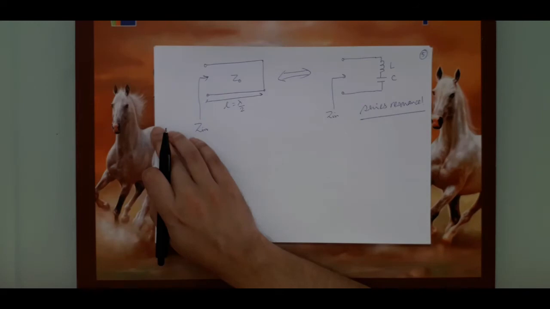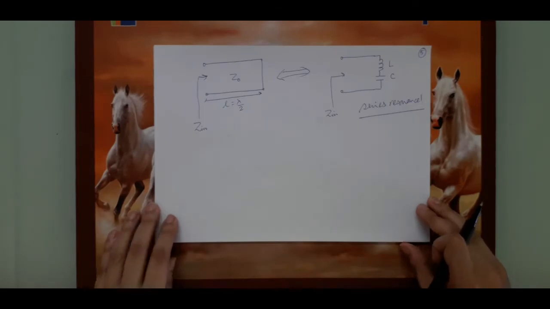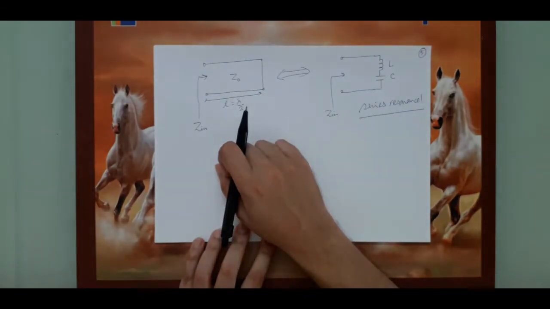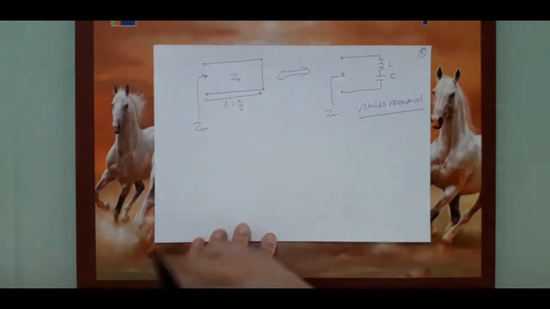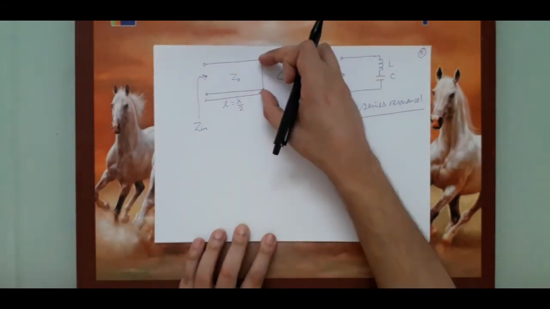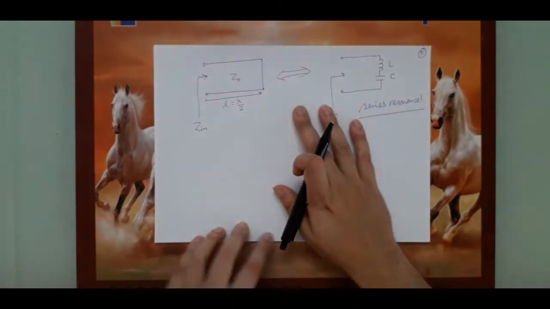Not only that, we saw the second application, which is an extension of the first application. That is, we are not just able to realize inductors and capacitors. We saw that when you have a short-ended transmission line whose length is below lambda by 4, it acts like an inductor. Likewise, we saw that when we have an open-ended line whose length is below lambda by 4, it acts like a capacitor.